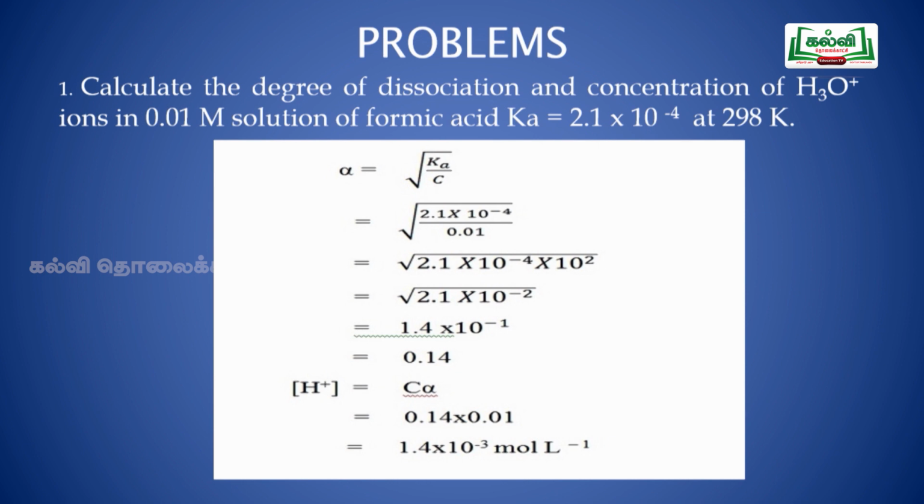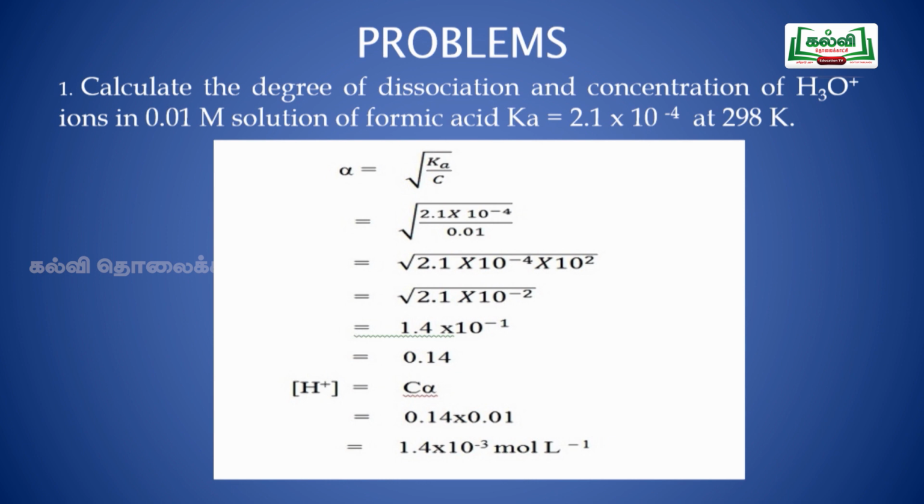So 0.01 is nothing but 10 power minus 2. When 10 power minus 2 goes up, it becomes 10 square, that is what we have got in the next step. So, root of 2.1 into 10 power minus 4 into 10 square. When the base is the same, you can add the powers. 10 power minus 4 plus 2 gives 10 power minus 2.